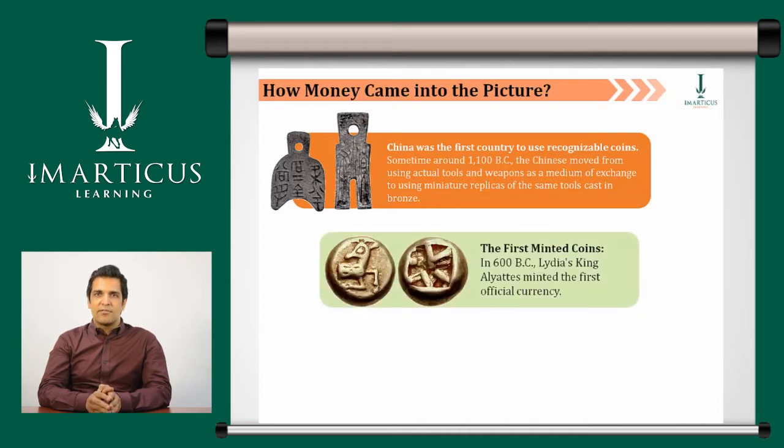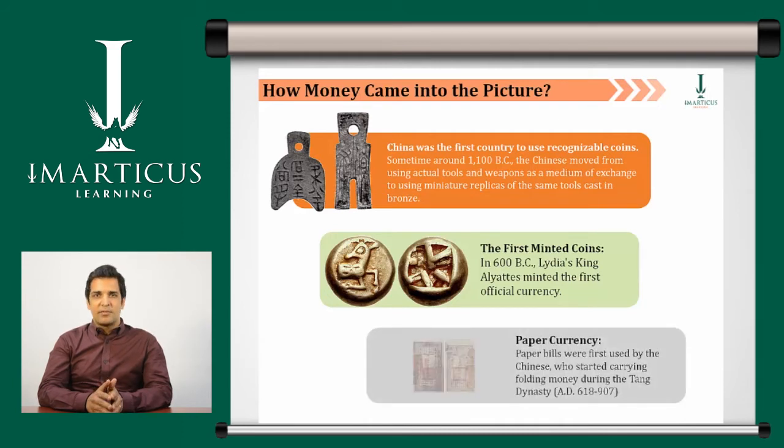Although China was the first country to use recognizable coins, the first minted coins were created not too far away in Lydia, now Western Turkey, by King Elias in 1600 BC.